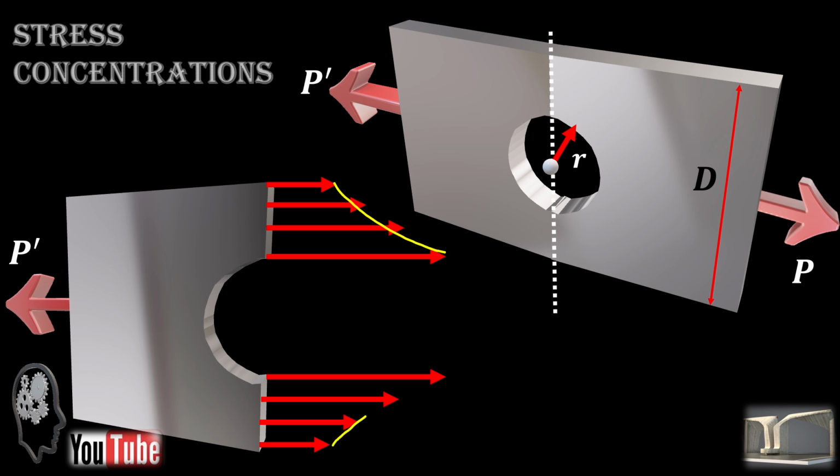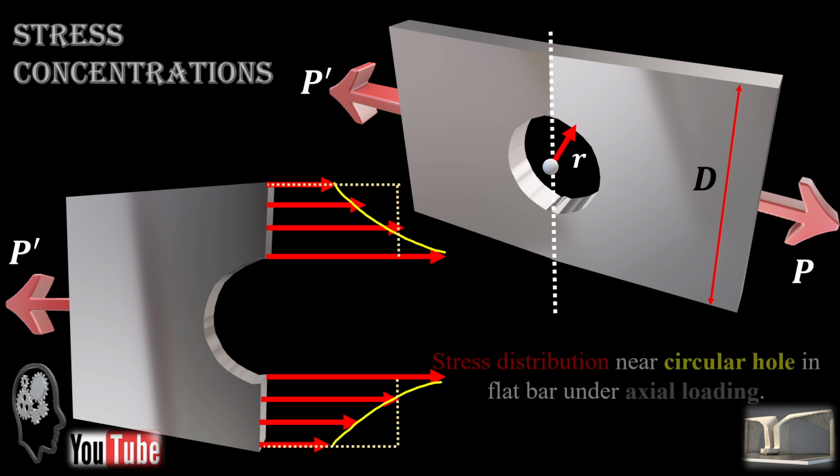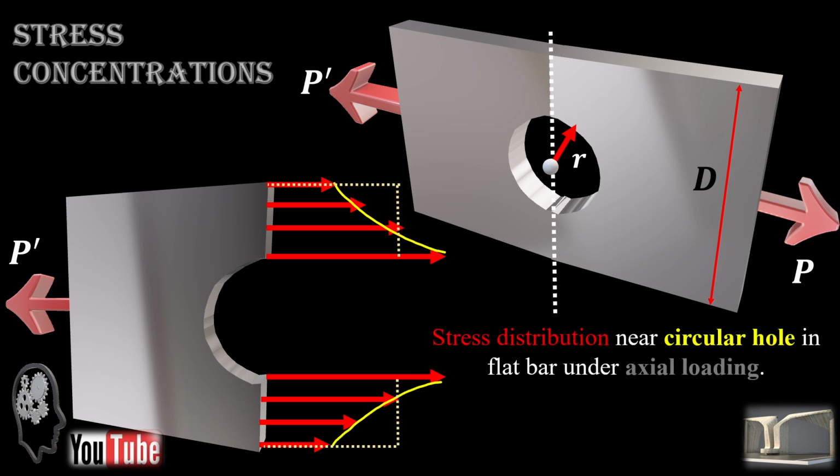If you develop the stress distribution near a circular hole, you can see this is sigma maximum, and at the far end we use sigma average for our study.